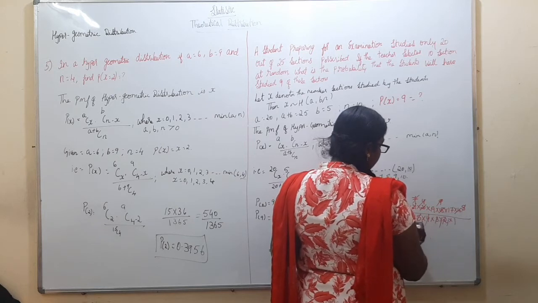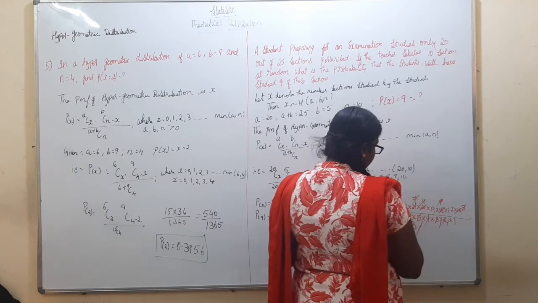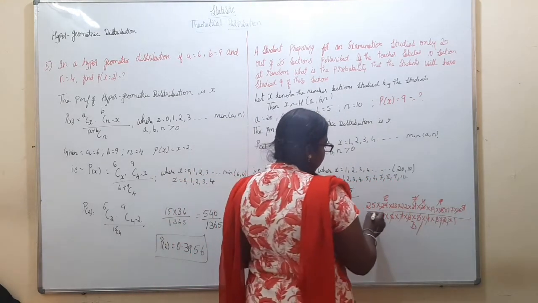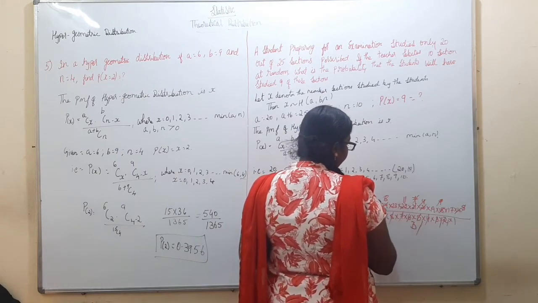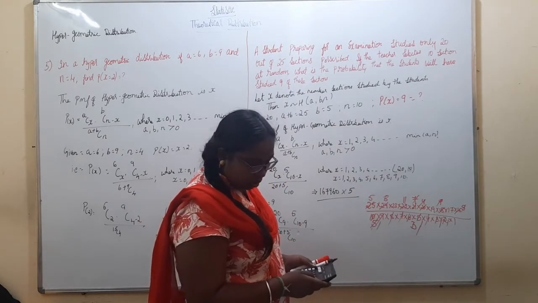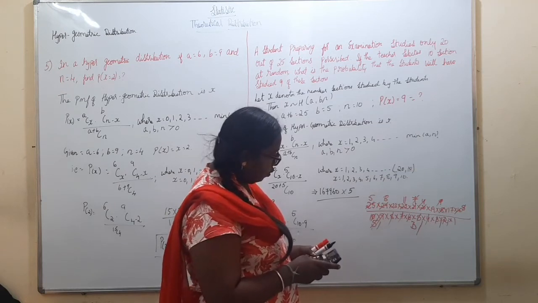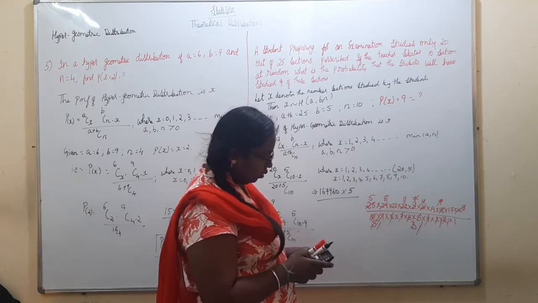Then the remaining terms are, so here I will get 5 into 8 into 23 into 11 into 19 into 17.